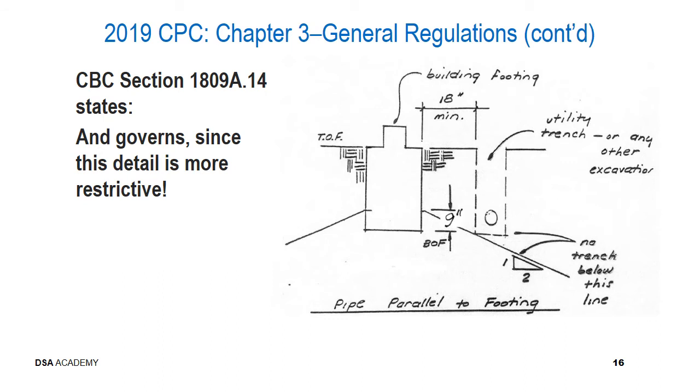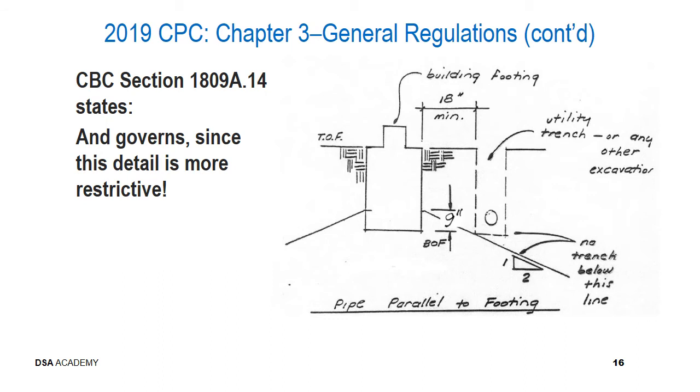This is the governing zone of influence, and you need to make sure that the contractor does not negatively impact the zone of influence of a footing beyond what's required with CBC.